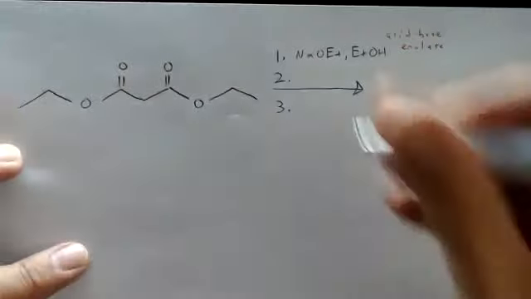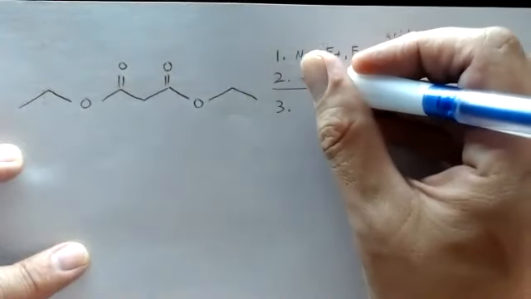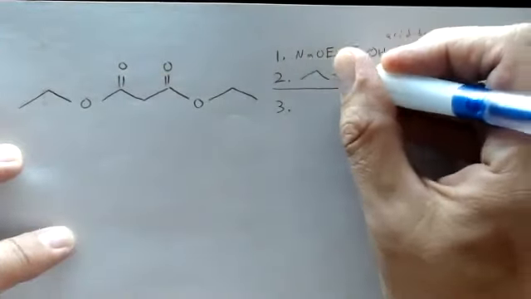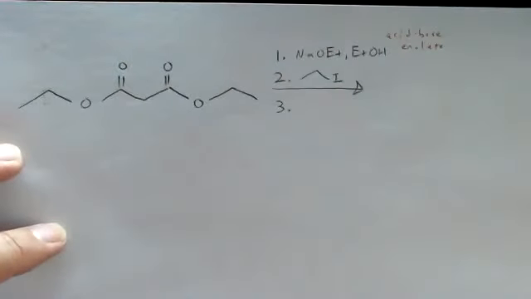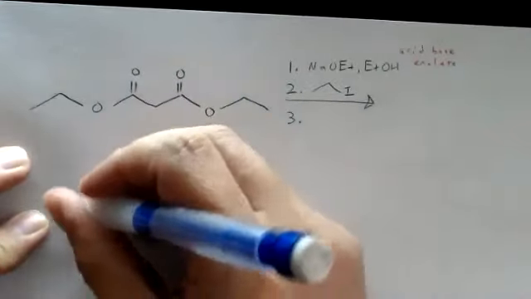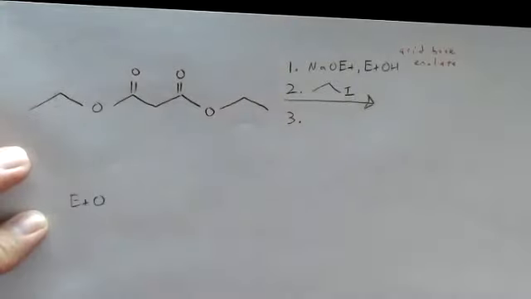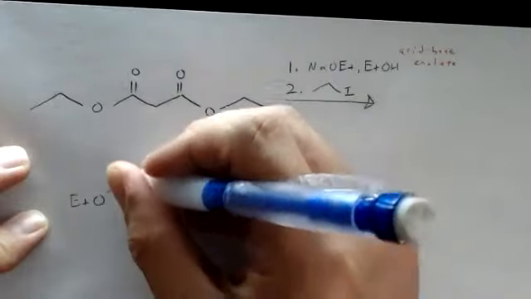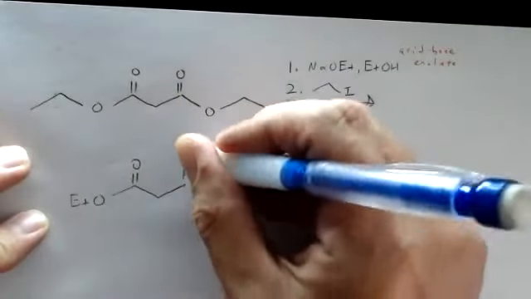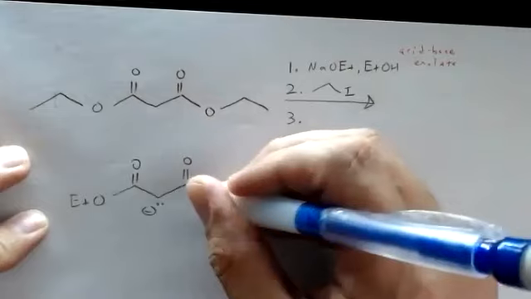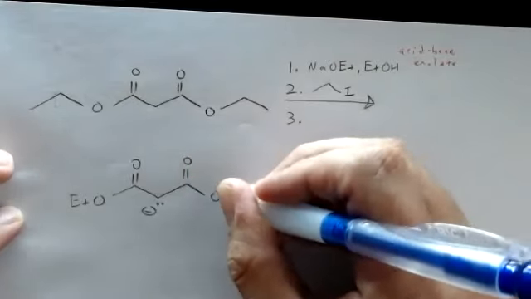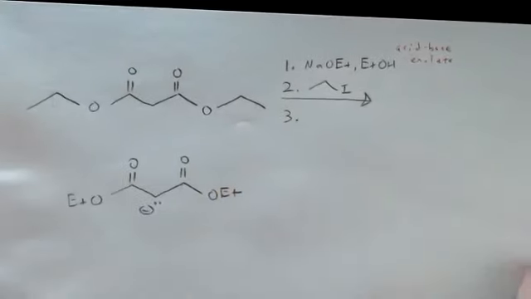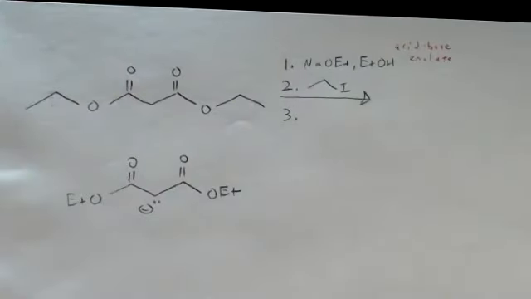And then what is the next step doing? So wouldn't we do that multiple times so that it would become a good leaving group, like the iodine? Or would it just attach once? Okay, the negative charge attacks the carbon and then iodine will leave.